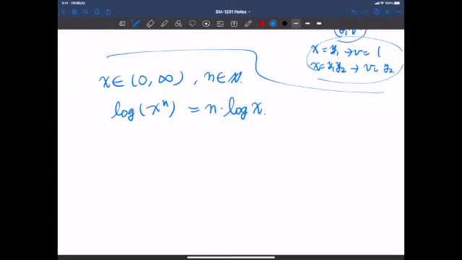This should be easy to prove because x to the power of n is x to the power of n minus 1 times x.